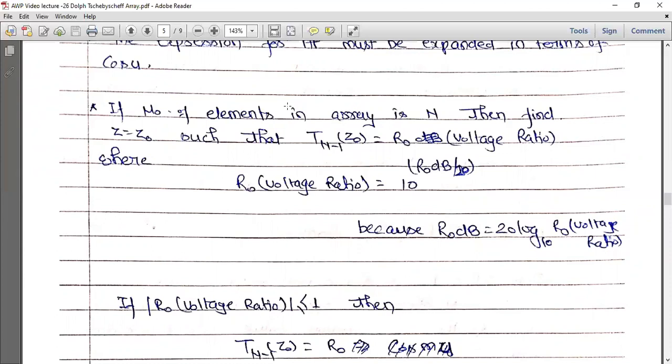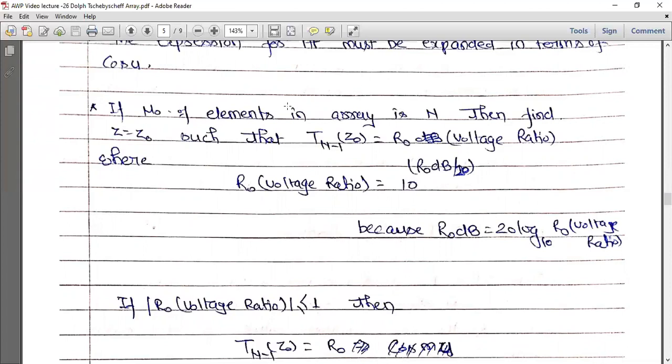What is this R0? This R0 is the magnitude of the maximum value of the minor side lobe. This is already given to you: the amplitude or peak value of the minor lobe should be R0 dB less than the maximum value. Once it is given that it is R0 dB less, what does this mean?